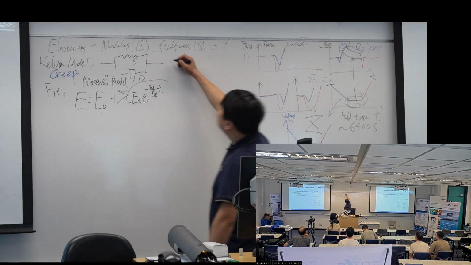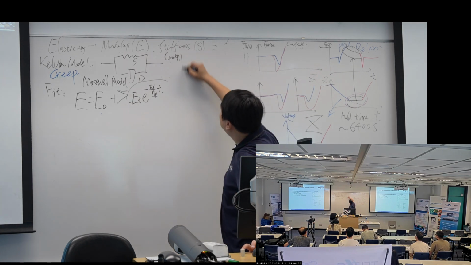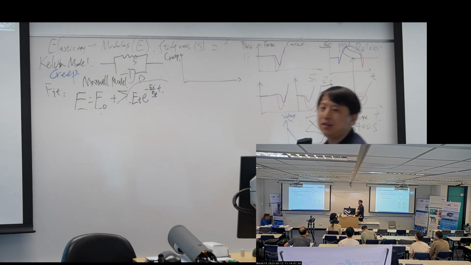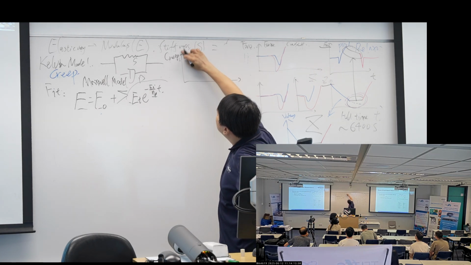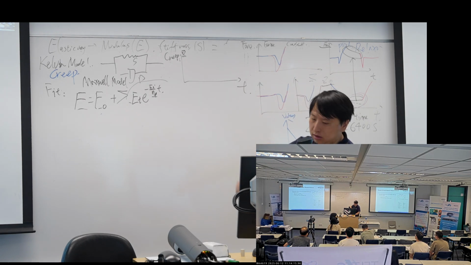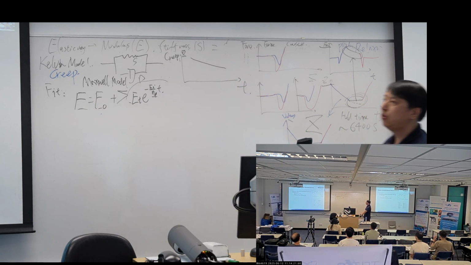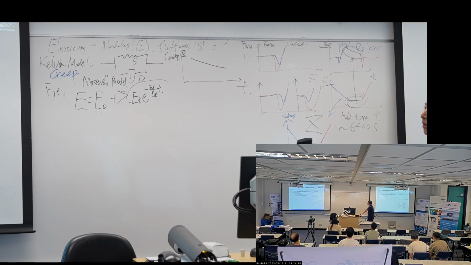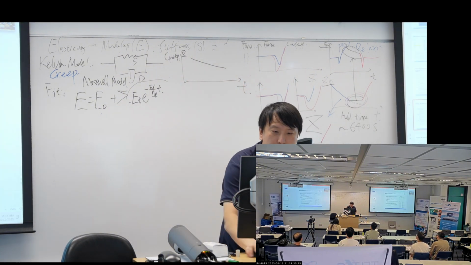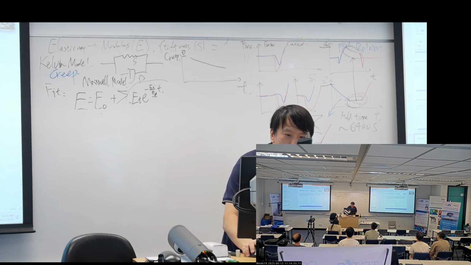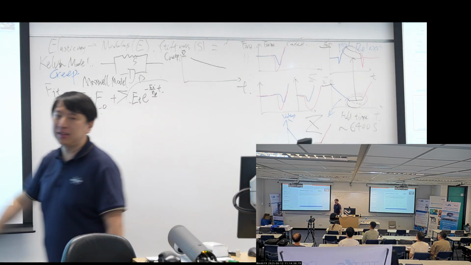So let's focus on creep. For the creep, the force is a constant. So we just capture the Z against the time. We should be able to capture something like this. But if we take a look at the true creep curves, we should observe deformation.